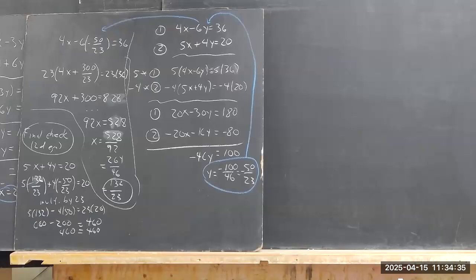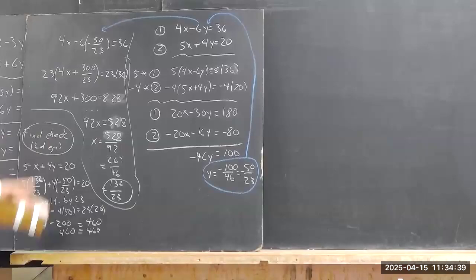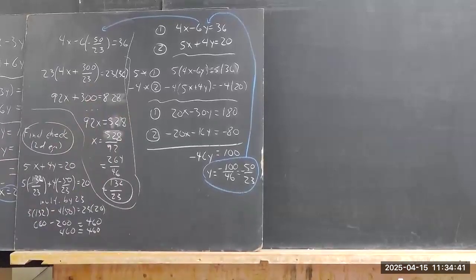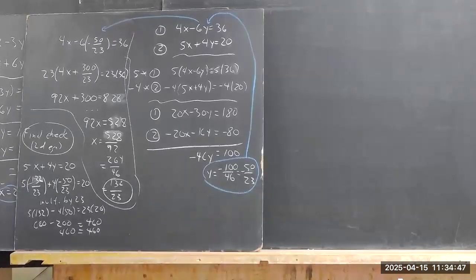This is especially important when you're solving equations. You could work these fractions out, find out that the fractions are equal. That would be a valid check. One thing we don't do is decimal solutions.